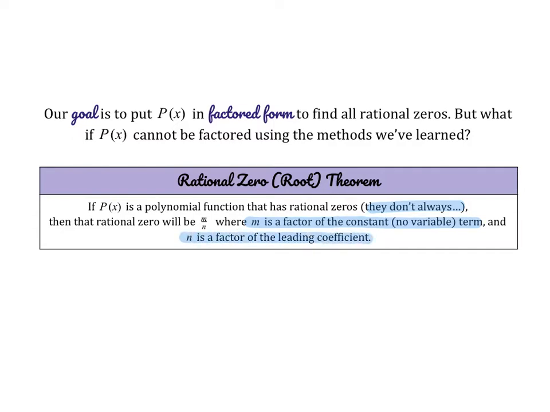So the answer will be somewhere within this long list of numbers that we're going to create using m over n. And then once we have our list of potential answers, all we need to do is start checking them until we find one that works. So again, this m over n is going to help us get a starting place.